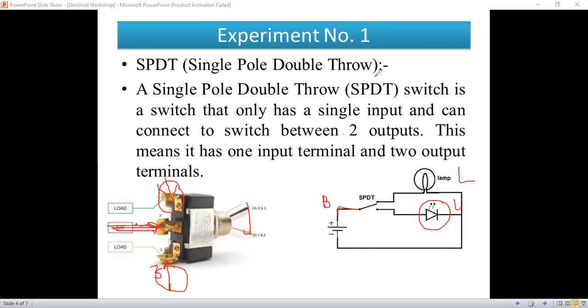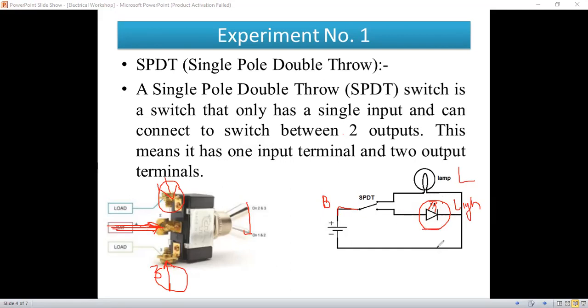Which diode? But here two arrow is given. So this diode is nothing but light emitting diode.